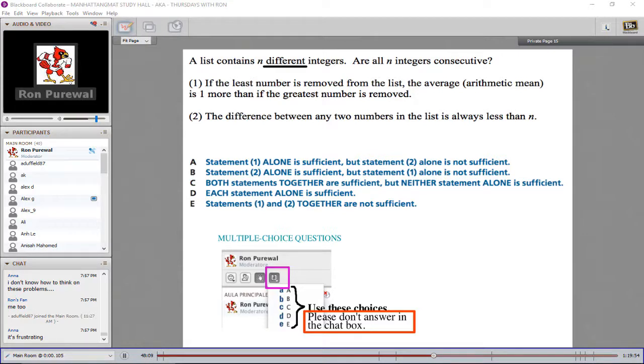Okay, let's talk about it. We have n different integers, and we want to know if they are consecutive. So the question is not super hard to understand, right? The yes to this question is they're all consecutive, and the no is they're not all consecutive.